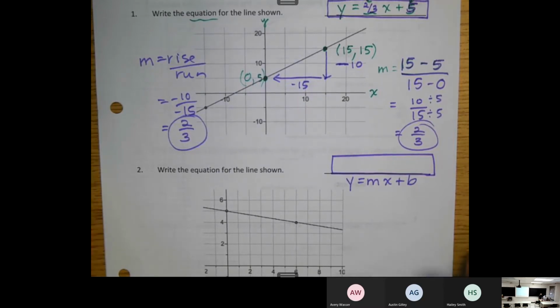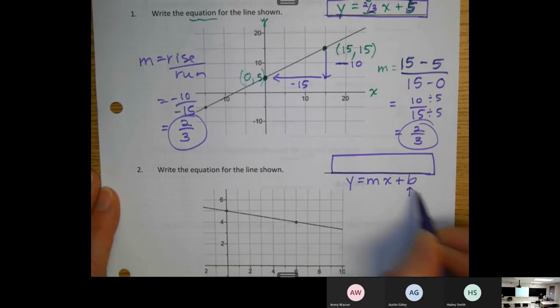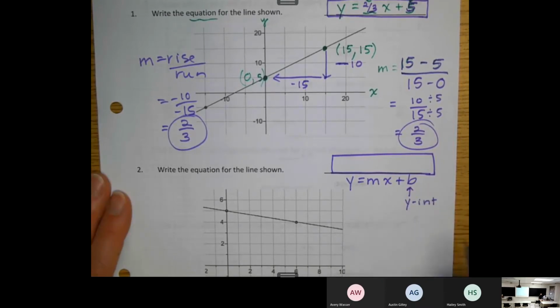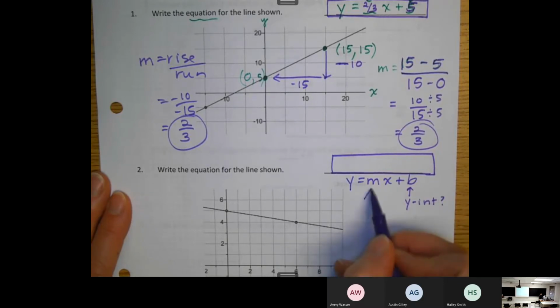When anybody's ready, let me know what the y-intercept of the line is this time. Let us know what you get from the y-intercept of number 2.